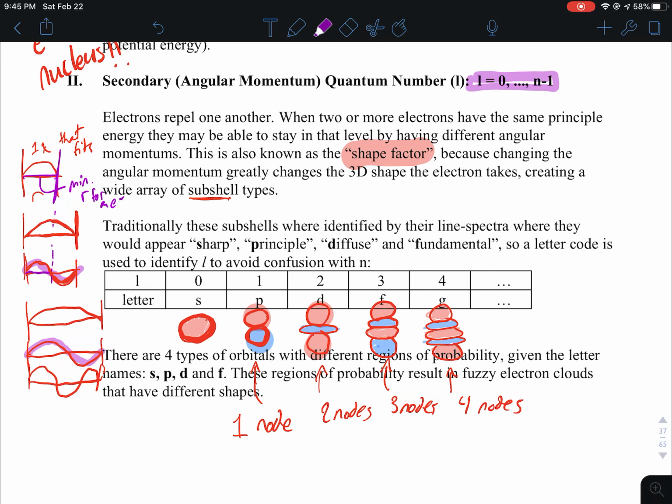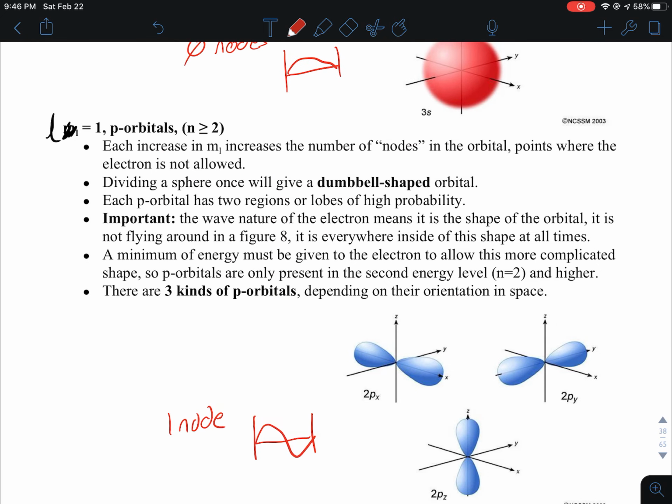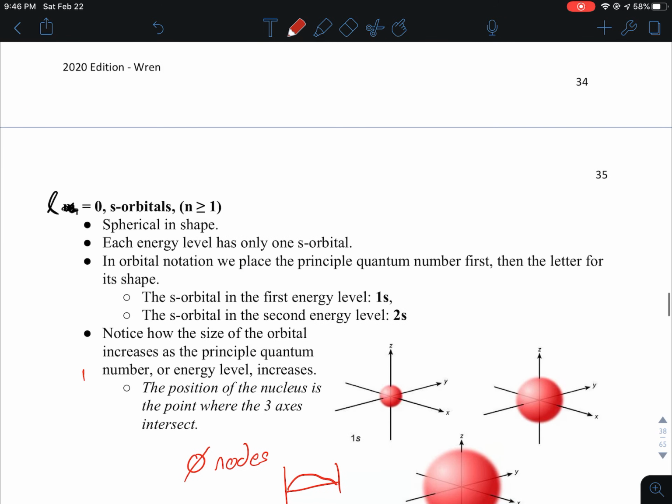So that's why the equation is up here. For L, L can have any value up to n minus 1. So if n equals 1, then the only value you can have is 0.